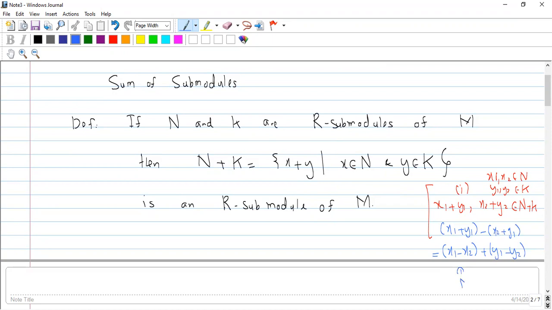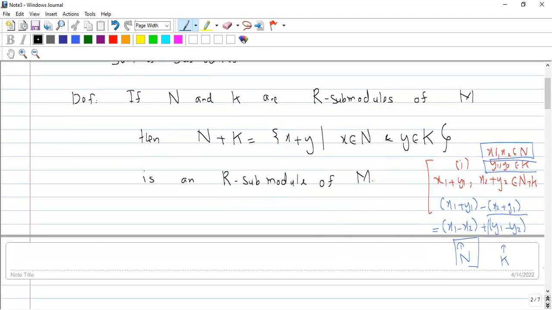This is an element of n, because x1 and x2 are from n, so their difference is also from n, and y1, y2 are from k, so their difference is also from k, because n and k are R submodules. So this whole sum is an element of n plus k. This simple computation shows that if two elements are from n plus k, then their difference is also an element of n plus k.